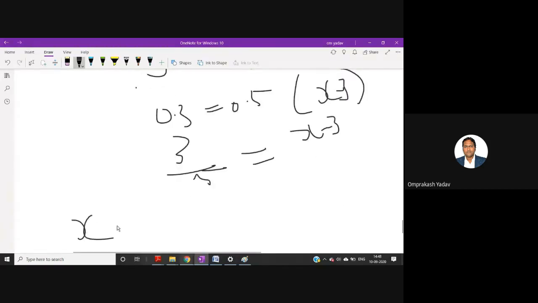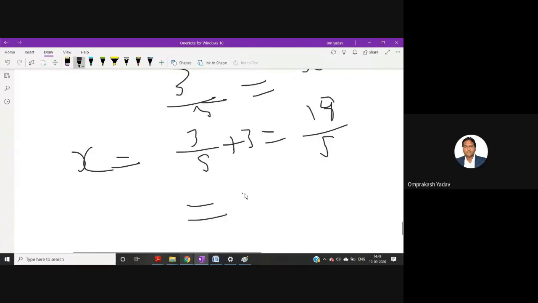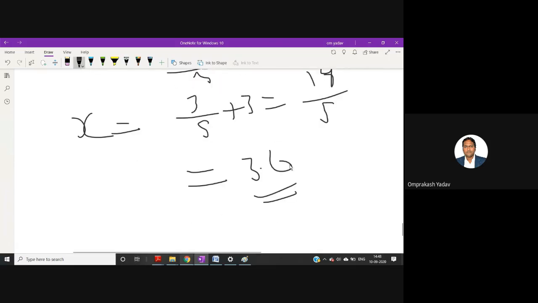So x will be 3 by 5 plus 3. So this will be 18 upon 5, so this you can divide, and we got 3.6.